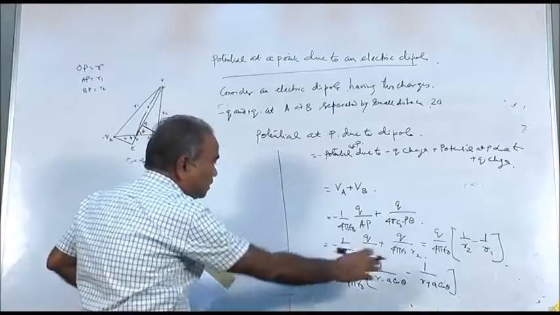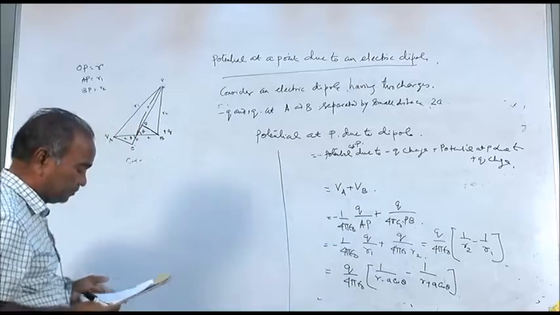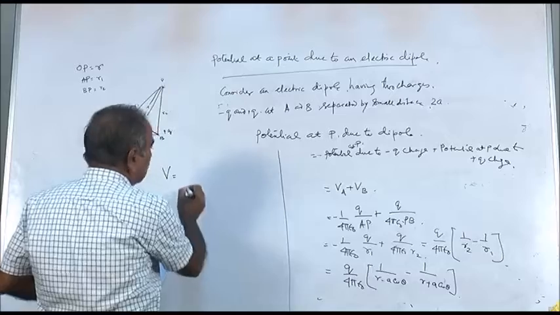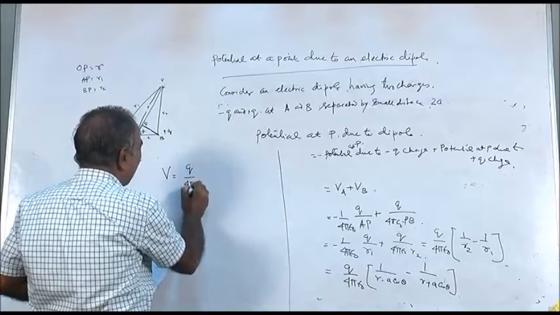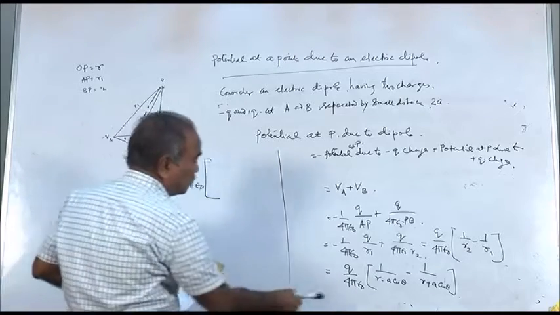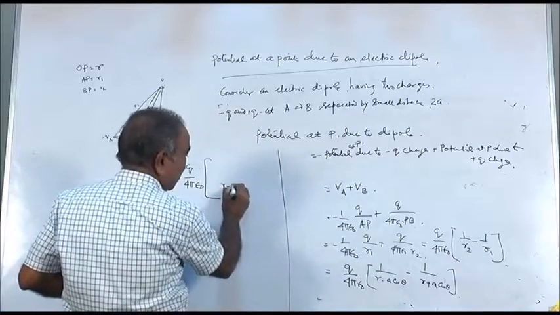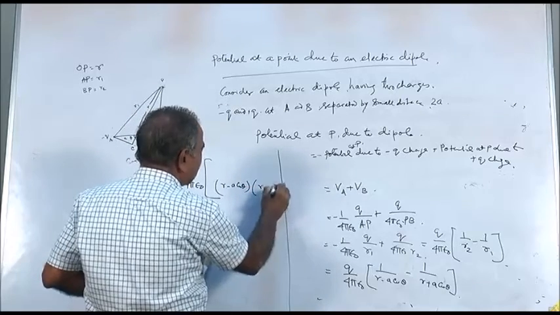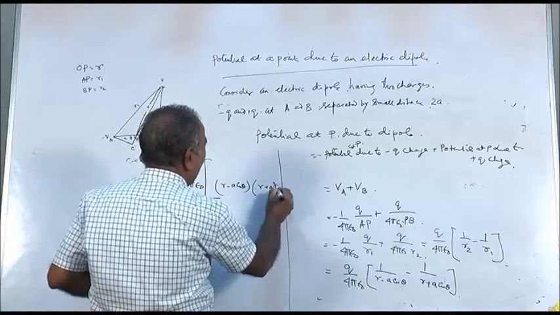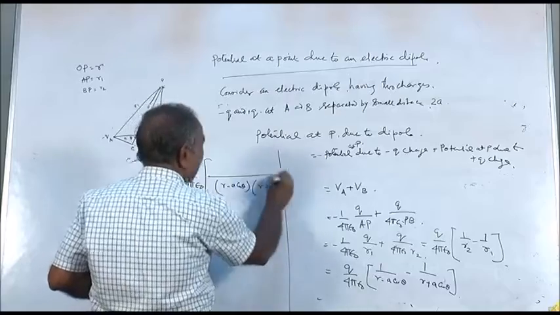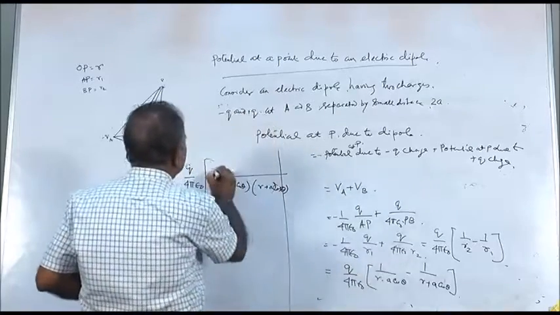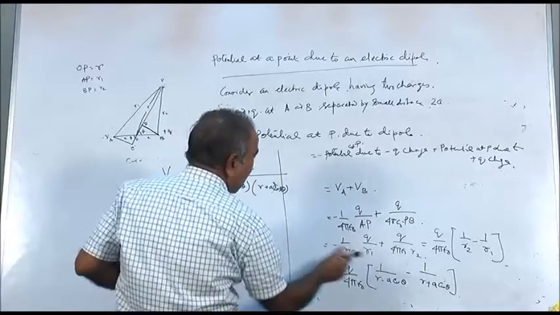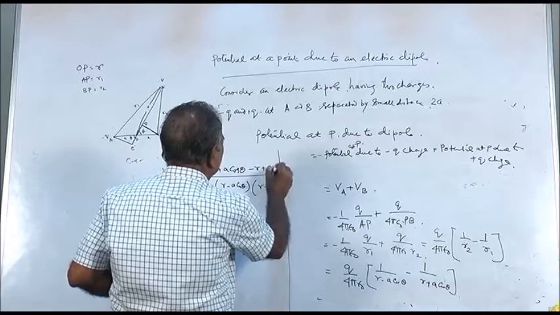So, you can make it simpler. Potential V is equal to q by 4 pi epsilon 0 into R plus A cos theta minus R plus A cos theta over R minus A cos theta into R plus A cos theta.